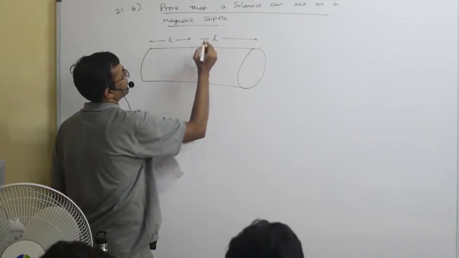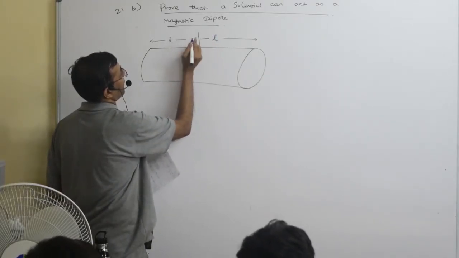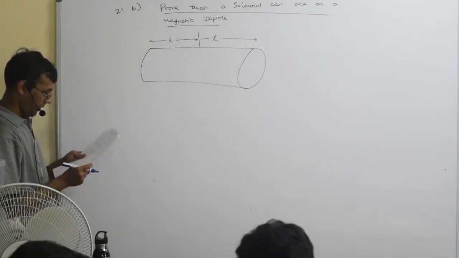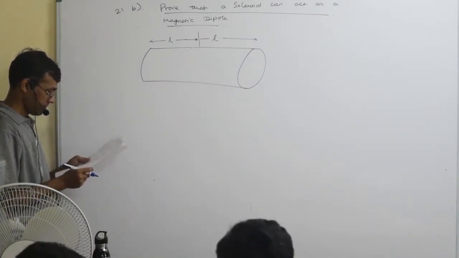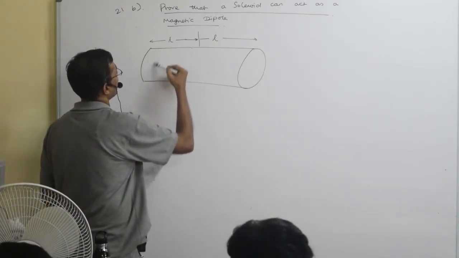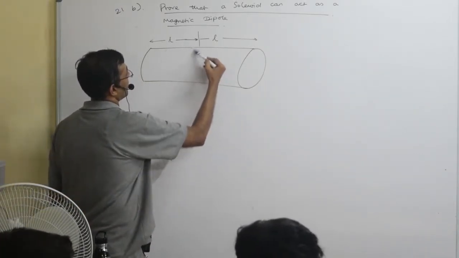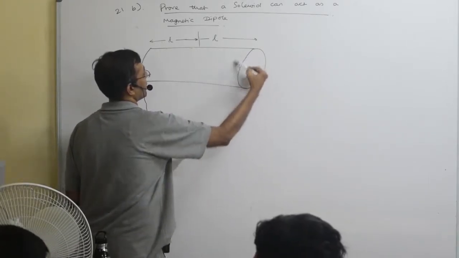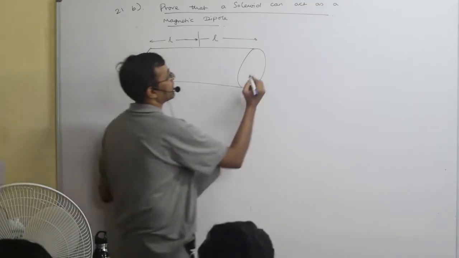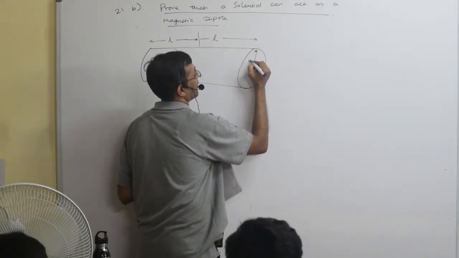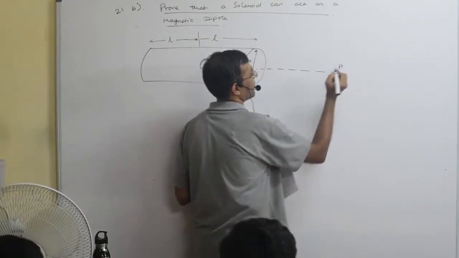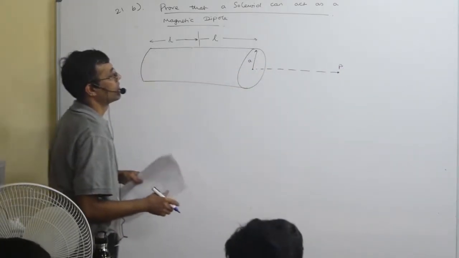Put it in the center. So imagine I have some coils wound across this, right? And the radius here is taken as A. This is the axial line. So I want a point P. So I want to find the magnetic field at this point P.